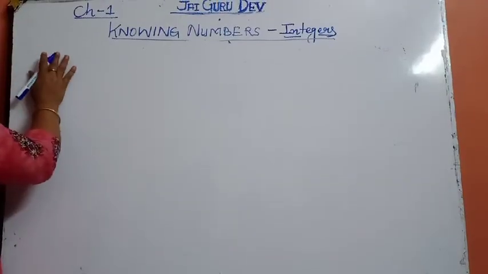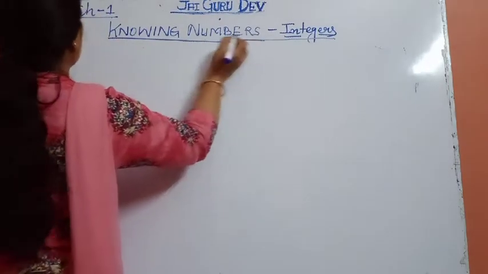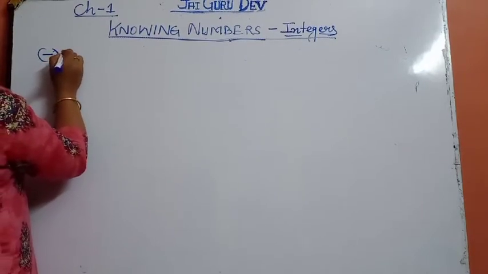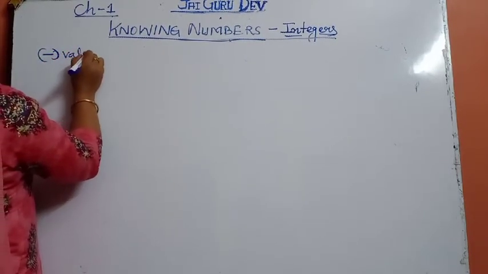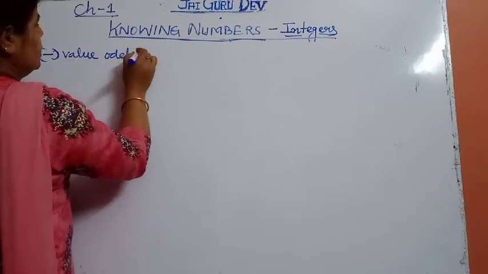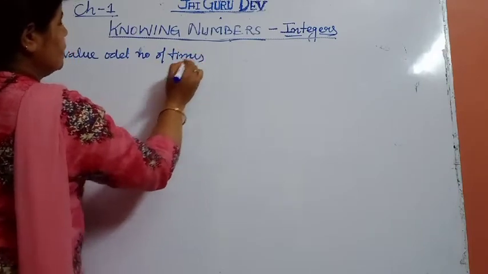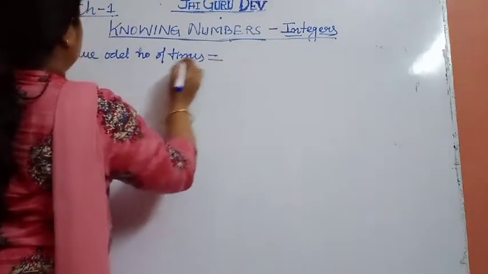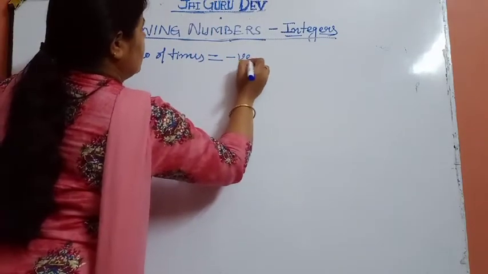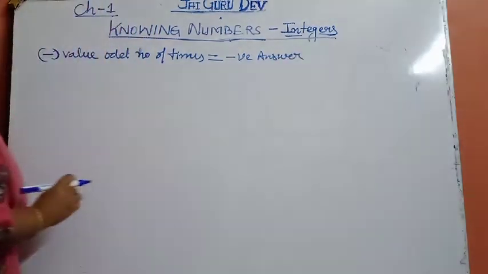One more thing I would like to tell you in this chapter: if we multiply a negative integer an odd number of times, the result is a negative answer. It is written in your book also.